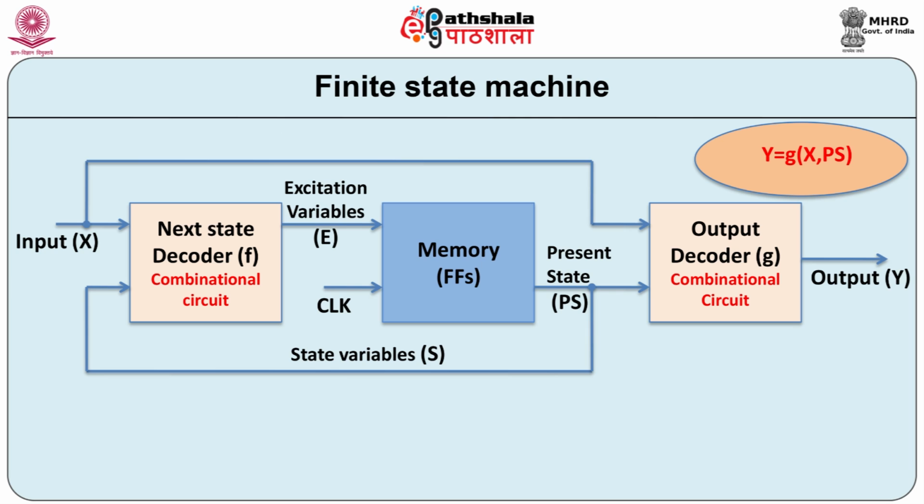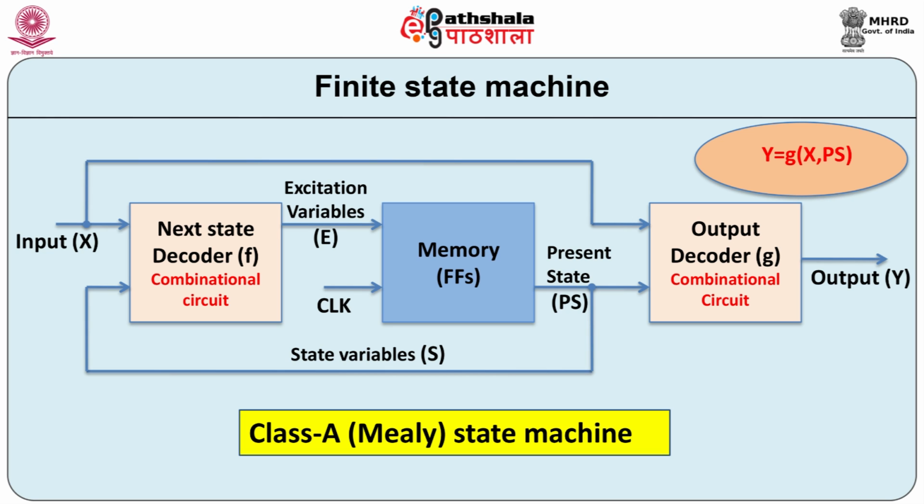In the model of finite state machine, the next state is also referred to as excitation variable for exciting or triggering the flip flops present in the memory. Similarly, the present state generates the state variables for the next state decoder.